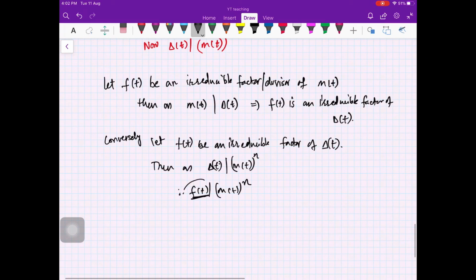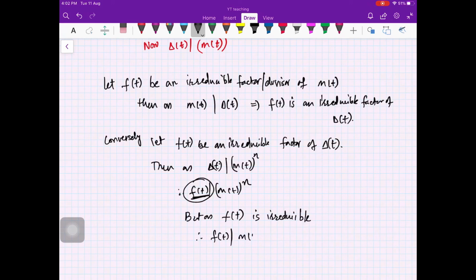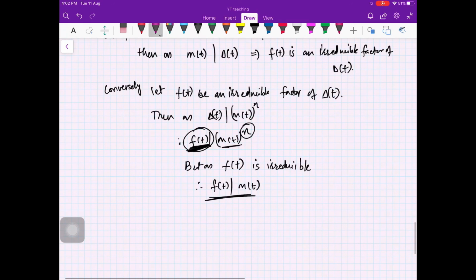But as ft is irreducible, it cannot be a power of something. Therefore ft divides mt. Therefore we get that the minimal polynomial mt and the characteristic polynomial del t have the same irreducible factors.